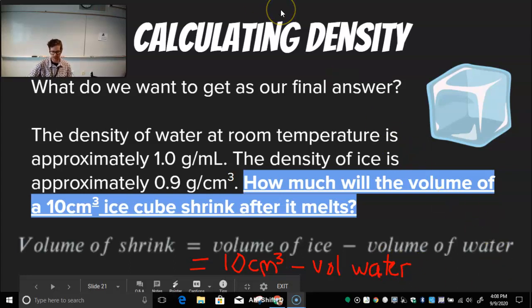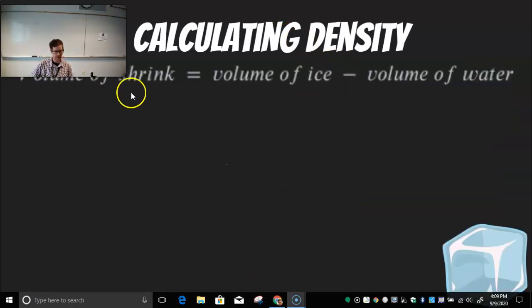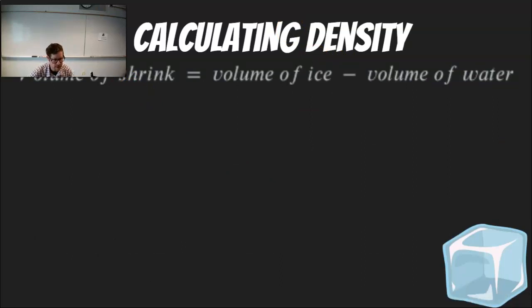So how do we figure out the volume of the water? All right, let's give ourselves some more room to work here. So we know the density of ice. Let me do this in blue. Blue, ice is blue, right? So in blue, I'll say that for the ice, our density is equal to mass divided by volume.